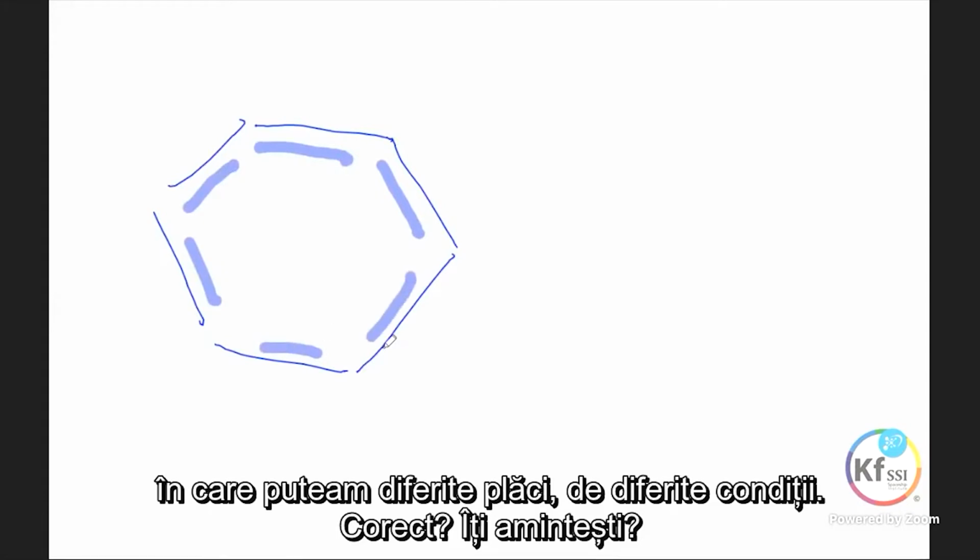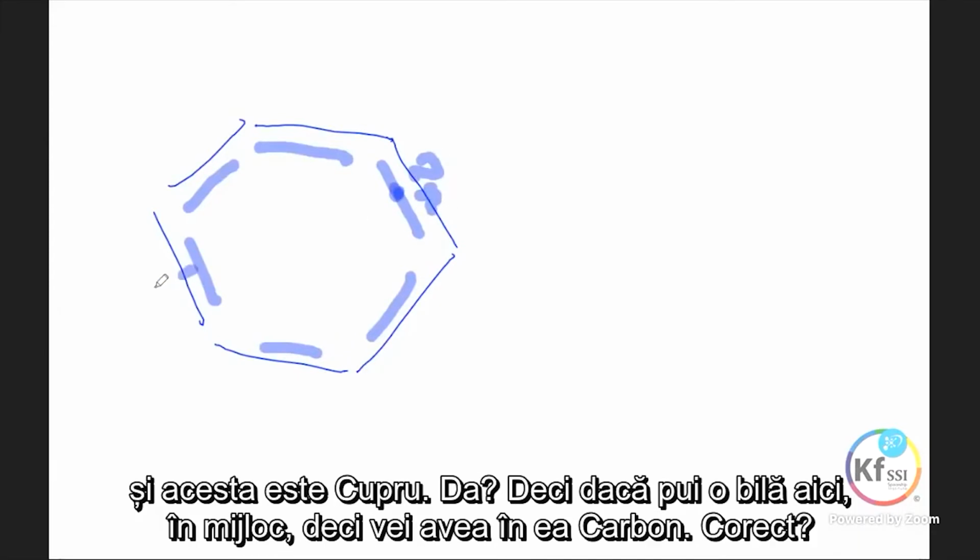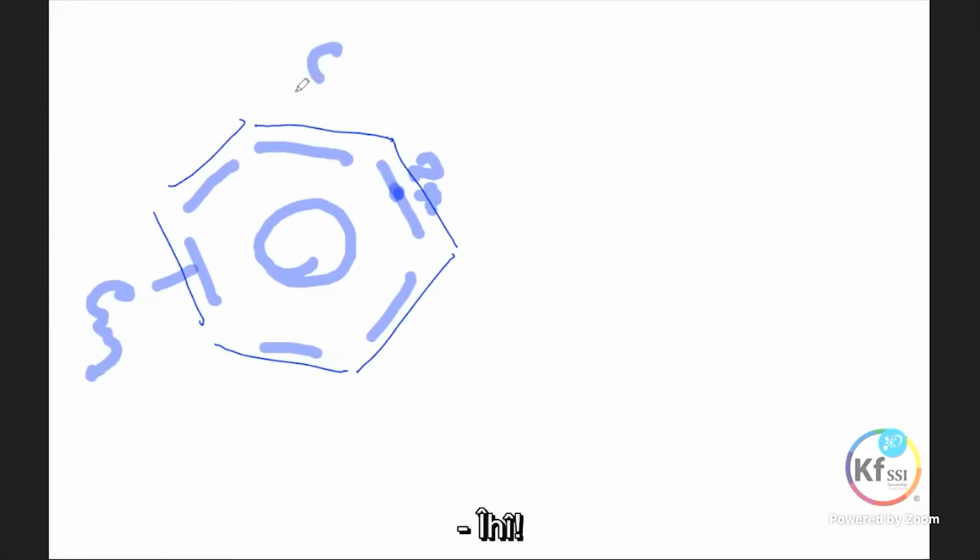If you remember? Yes. So if you remember, this is the zinc, for example, and this is a copper, yeah? So if you put a ball here in the middle, so you have in it a carbon, correct? Mm-hmm.